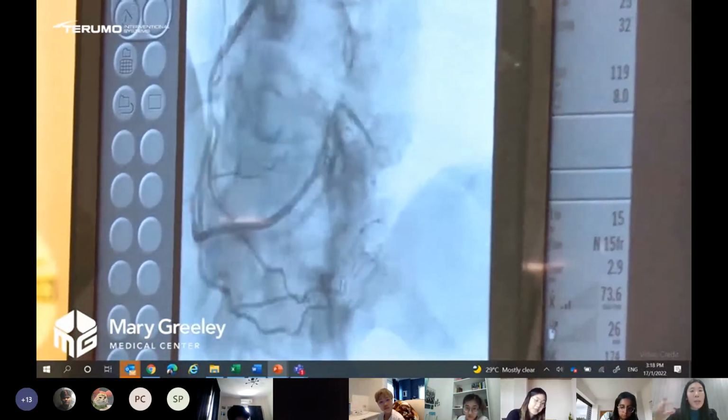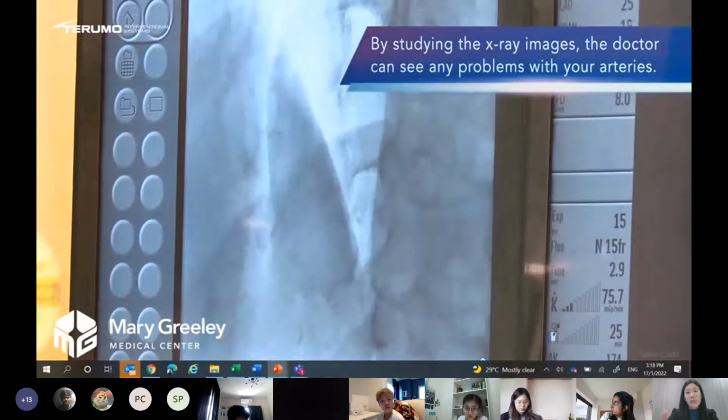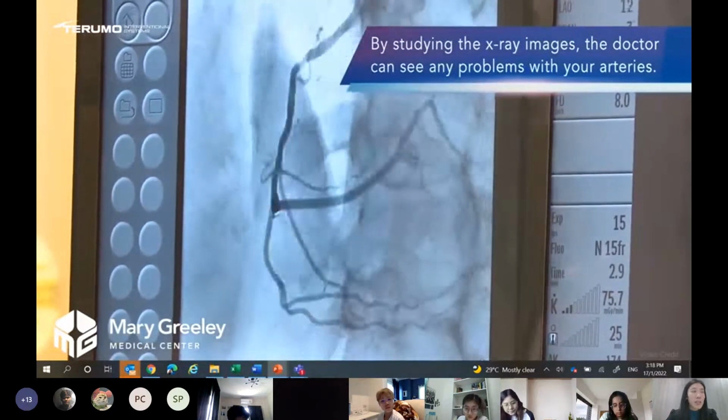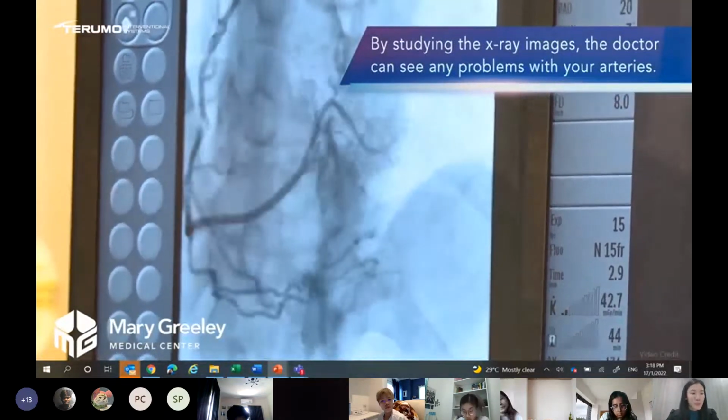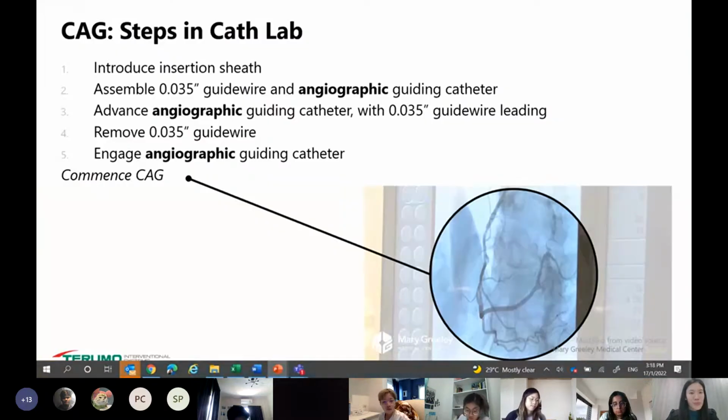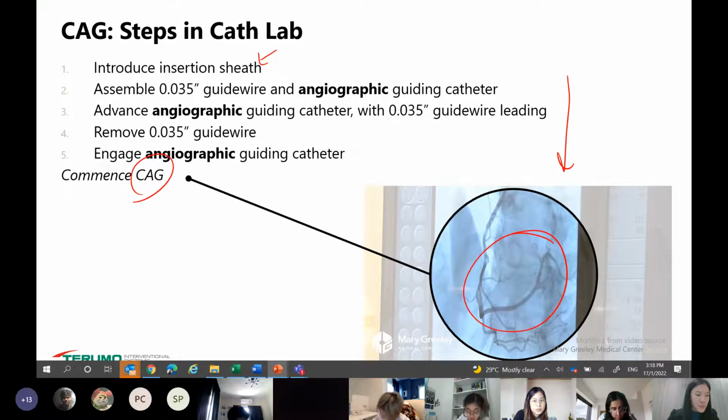He will use a high pulsed X-ray to take an angiogram. So what you have watched is the real steps from the introduction of the insertion sheath all the way up to taking an angiogram, as you've seen here.